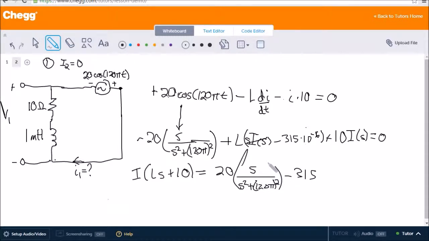Actually, I made that a plus. This is a minus. That'll become a plus on the other side. Times 10 to the negative 6 L. Okay.